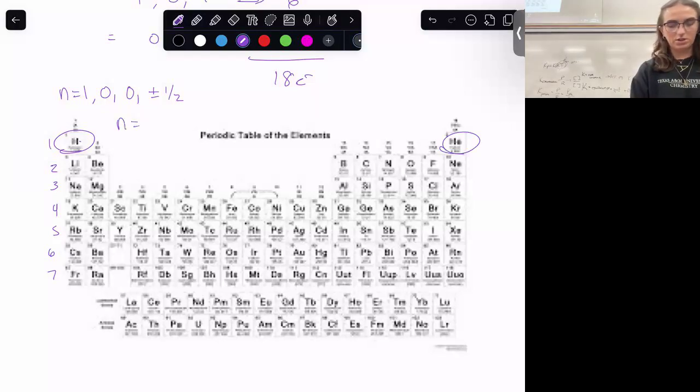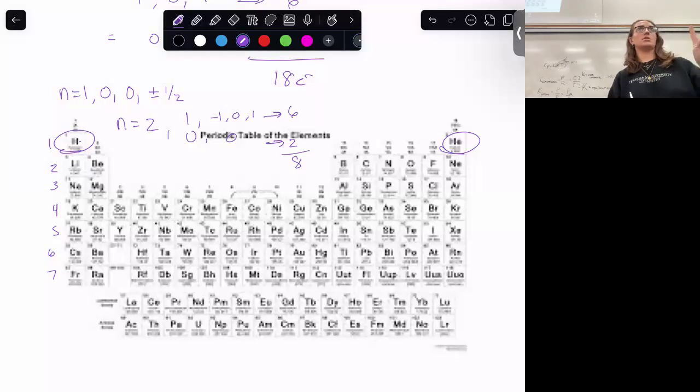When n is equal to 2, how many total electrons can we have? L can be 1 or 0. We can have -1, 0, 1, or 0. So we have 6 from this one, 2 from this one, so 8 total in the second energy level.